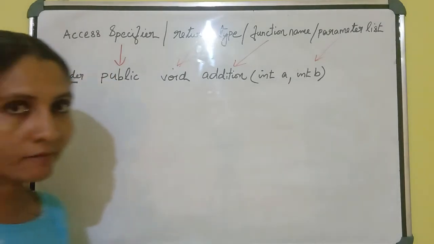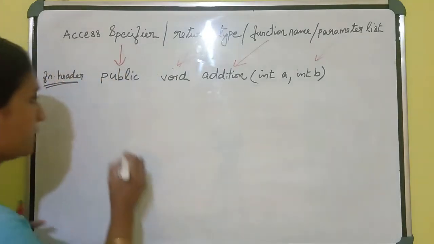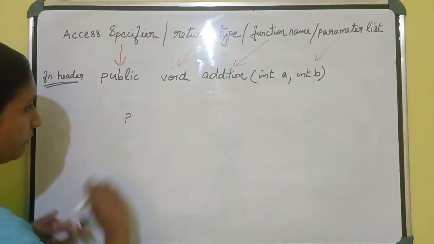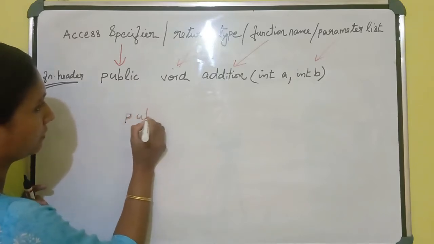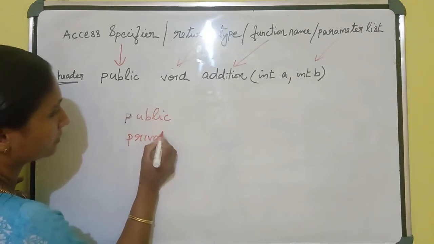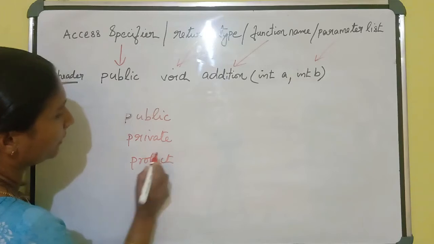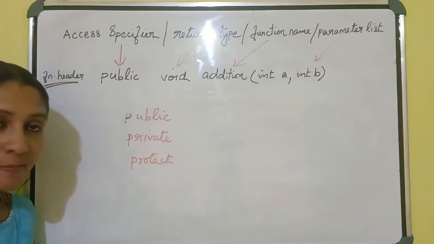In Java we have three types of access specifiers. What are they? First one is public, second one is private, and third one is protected. What is the use of the public access specifier?